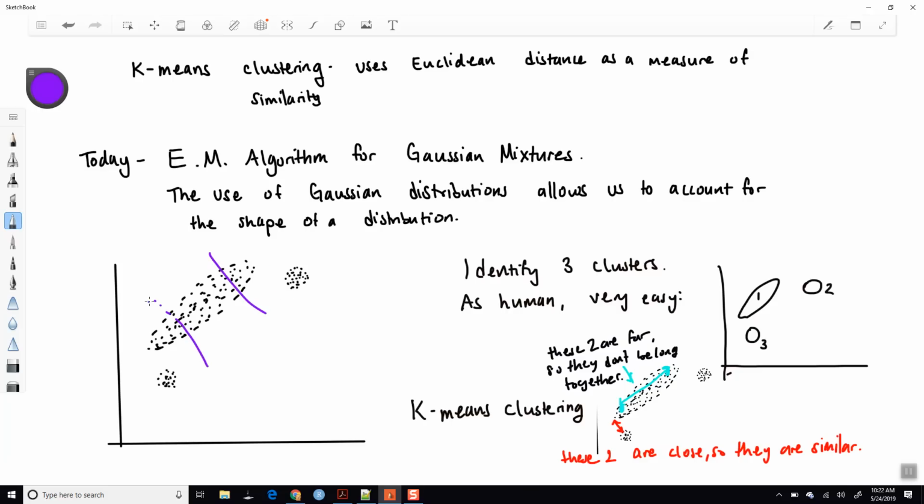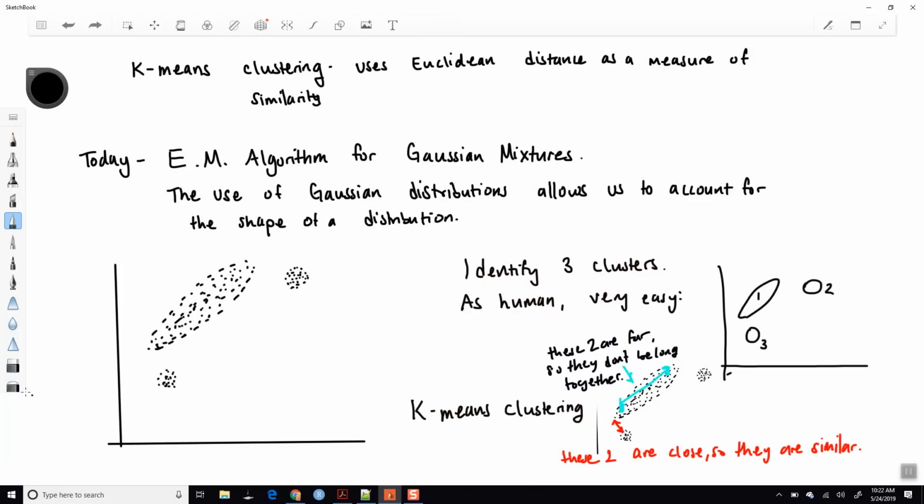This will be one cluster, here will be another cluster, and you'll have something like that. That will be my guess for what happens with k-means clustering, right? And when we look at those results, that doesn't seem to make sense to us, right?